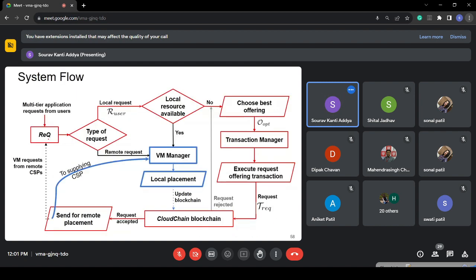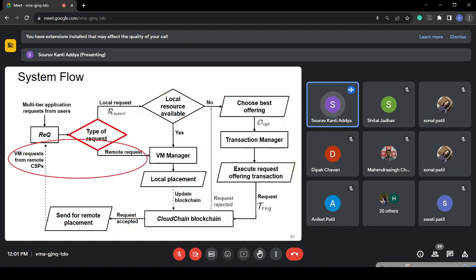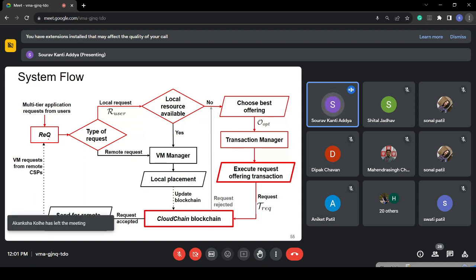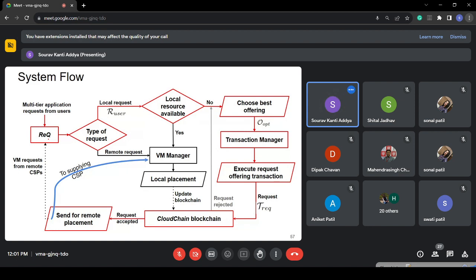But if it is a remote request, then it will be checked with the other service providers for the best offerings, and that can be a local request for the demanding service provider. It will again ask the transaction manager to execute that and send it for placement to that particular service provider, which is basically your supplying service provider.